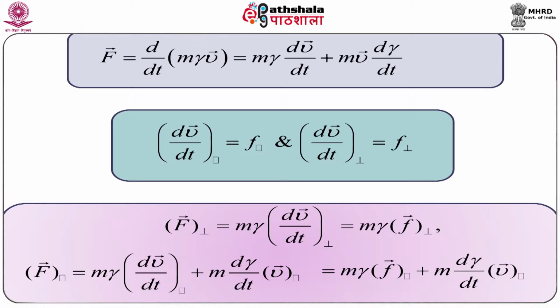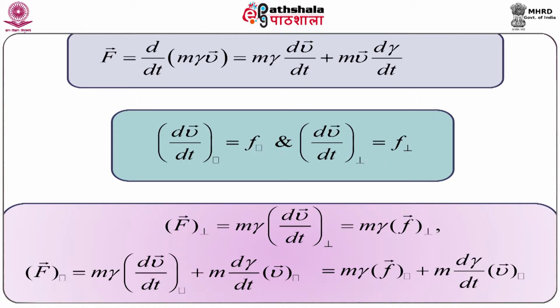First of all, we take m into gamma as fixed and take the derivative of v vector with respect to time t and get this term. And here, taking v vector as fixed, we take the derivative of m into gamma. Please note that m is constant, so we get m into v vector into d/dt of gamma. Gamma contains v, so we are considering d/dt of gamma.